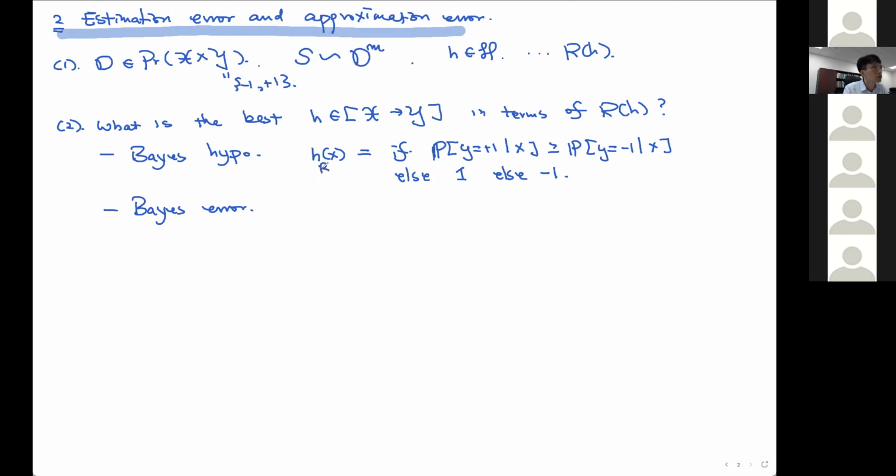It's Bayes error, and in the textbook, it's written as R star.